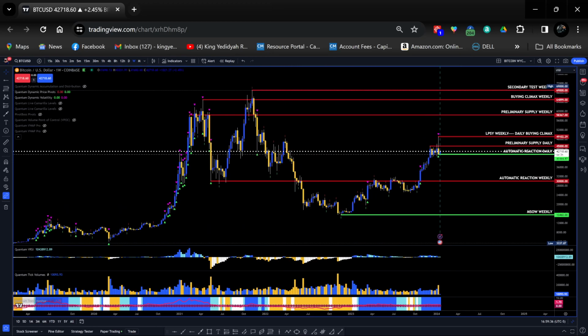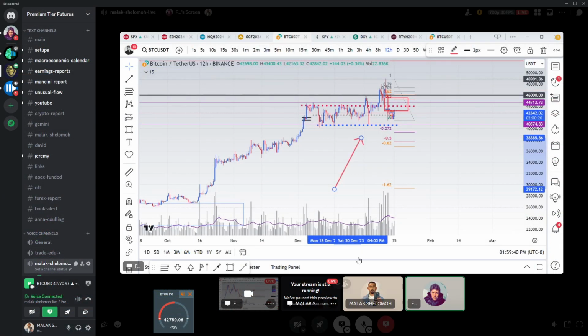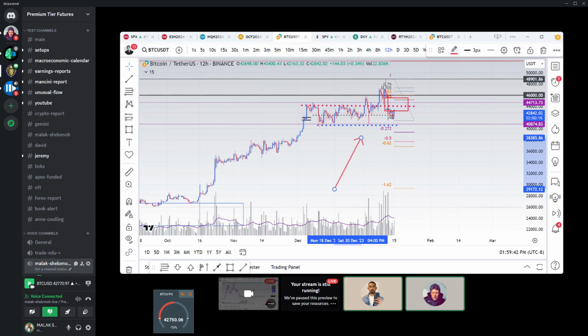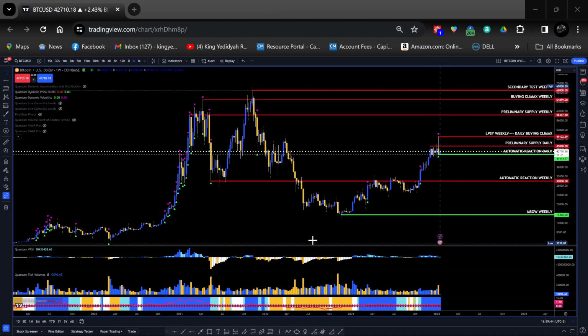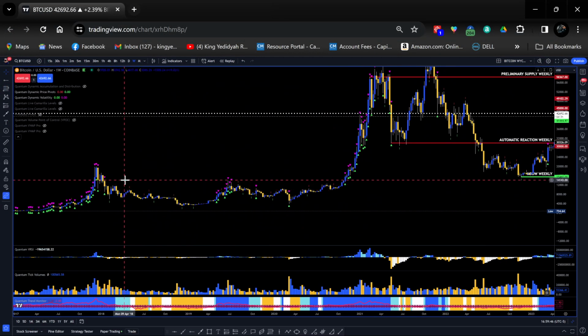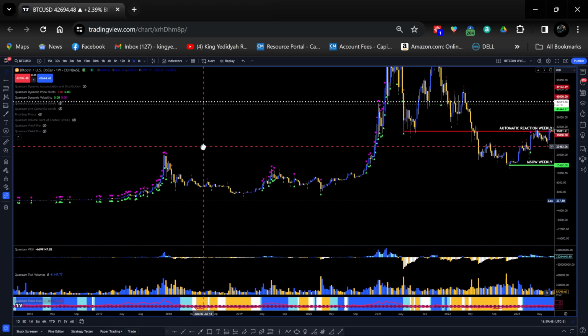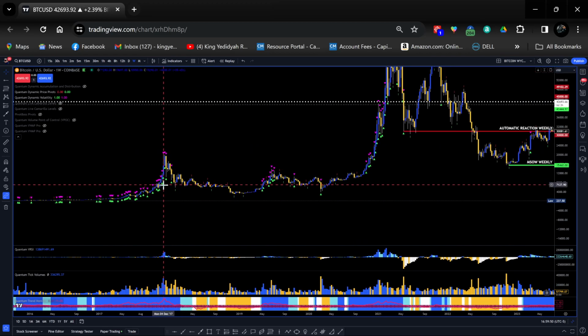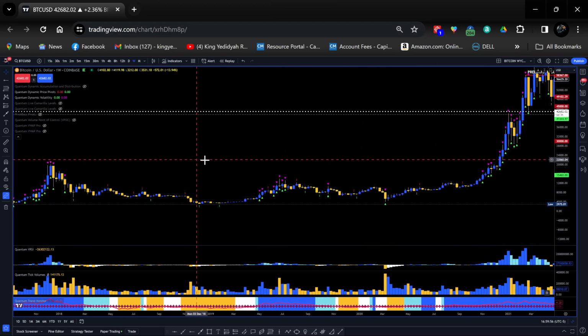Okay, so I'm looking at that too, and if you include 2017 in your chart, if you scroll a little bit to the right, just to get 2017 in there, there it is. Place your crosshair on top of the peak, a little higher. There we go.